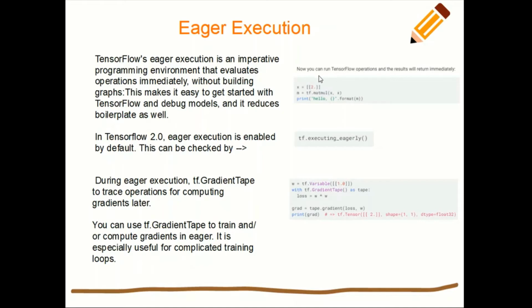Now if it was to be done in TensorFlow 1, we'd have to create a session and execute this whole graph in that particular session. But this is not the case with TensorFlow 2. If we execute, say, x equal to 2, do the matrix multiplication and print, we'll straight away get the result.